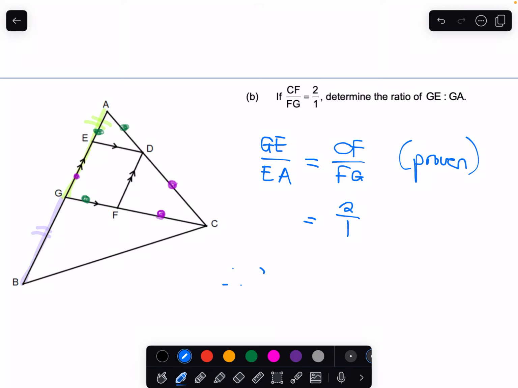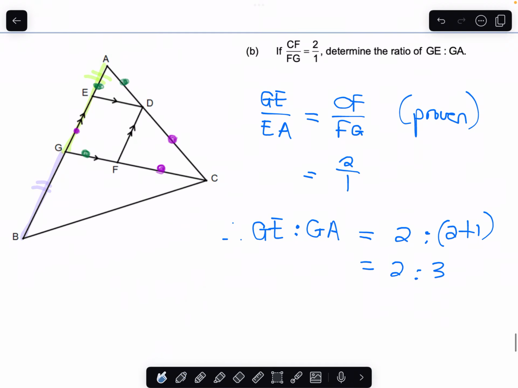Therefore the ratio of GE to GA will be equal to 2 parts to 2 plus 1 parts, which is 2 to 3.